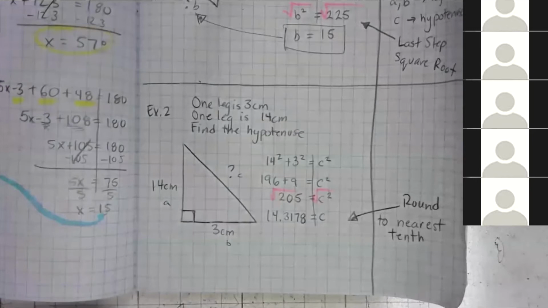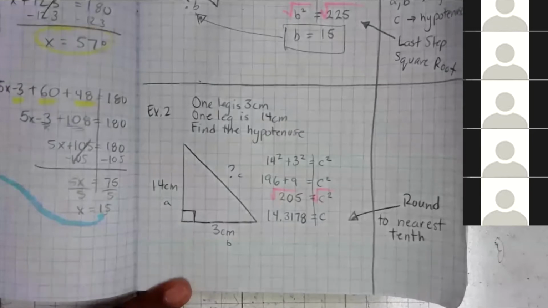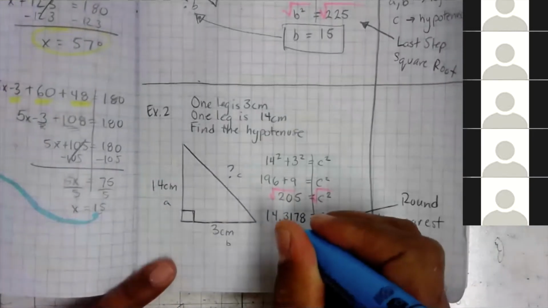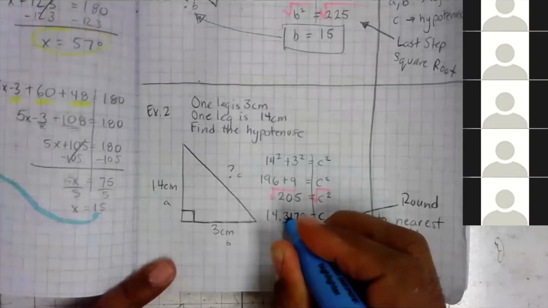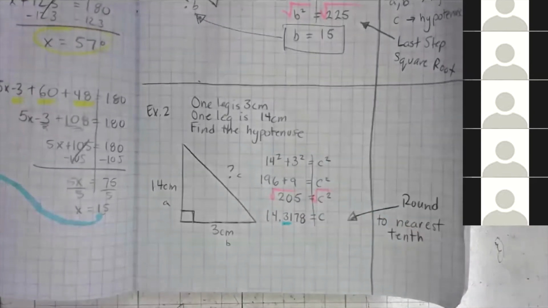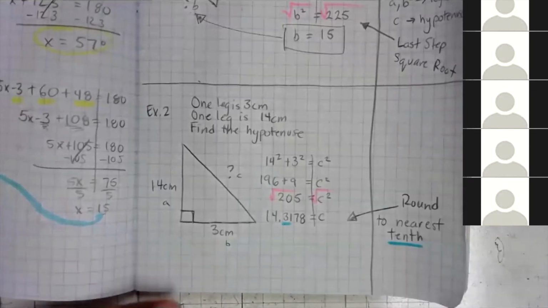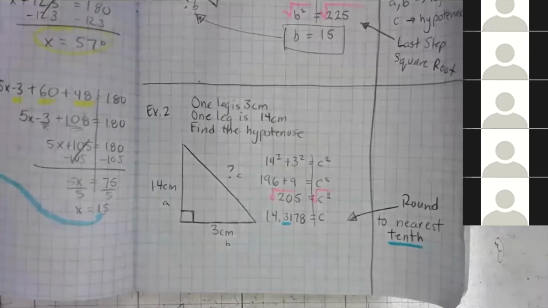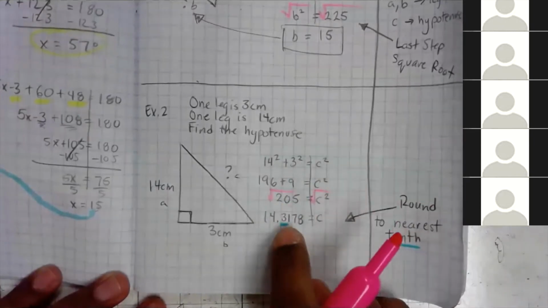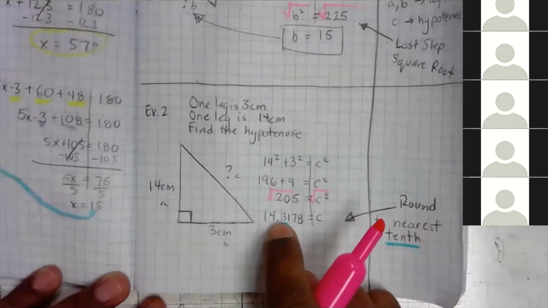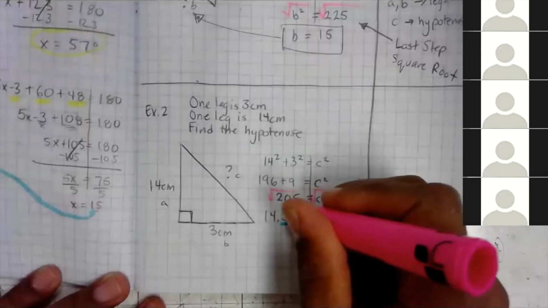So remember, a tenth is the first number after the decimal. Okay, so the first number after the decimal is the tenth. If you guys remember how to round, I want to look at the number that's after that. So if I'm trying to stop there, I want to look to the next number, which is the 1.